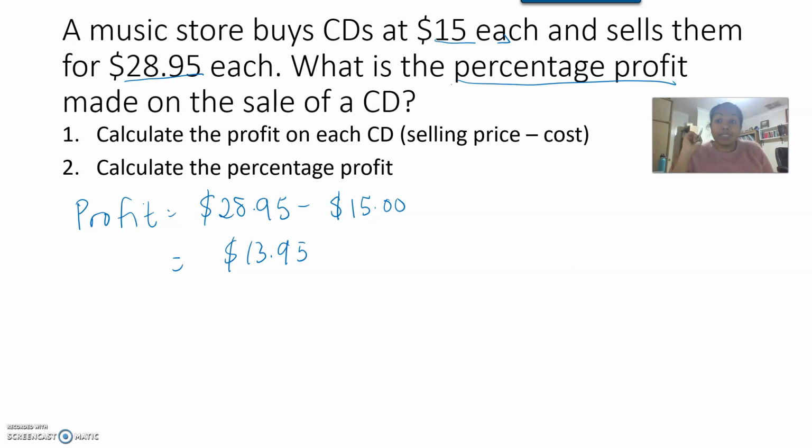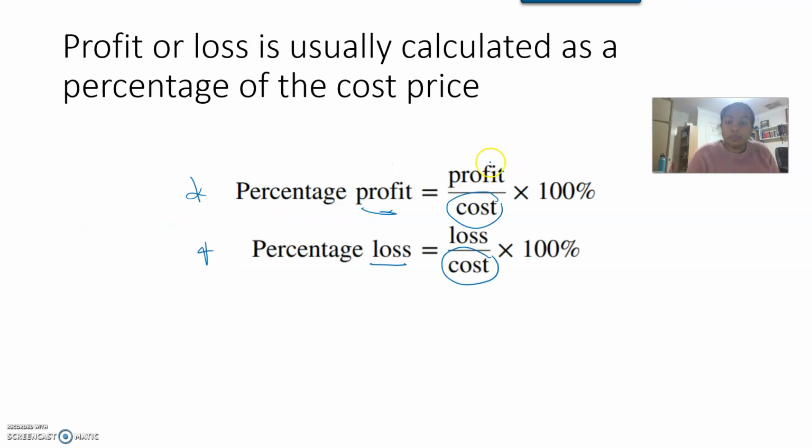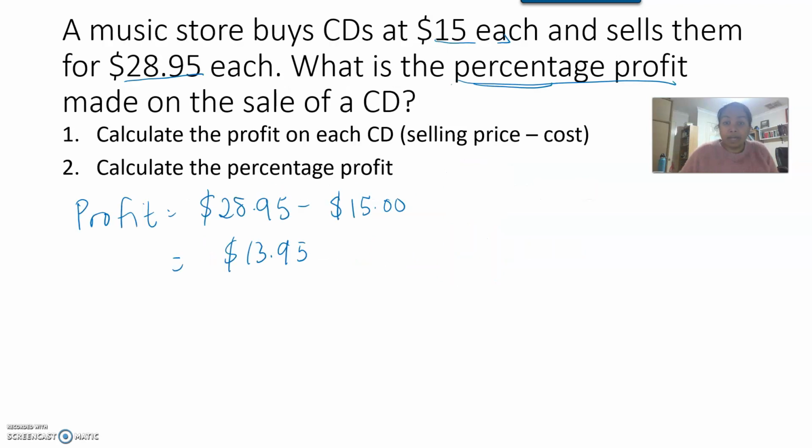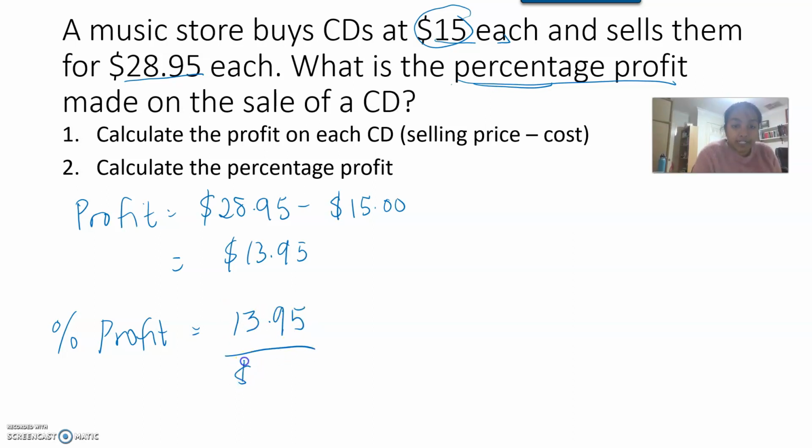The question is asking a percentage profit. So it's not asking about the profit, it's asking percentage profit. So remember, if we go back to the formula, we know he's got a profit. You put it over the cost, so how much it costs for him to buy the CD, times by 100. So it cost him $15. That's how much he paid for it. So what you do is you do percentage profit. This is the next line that you write. You do $13.95 over 15.